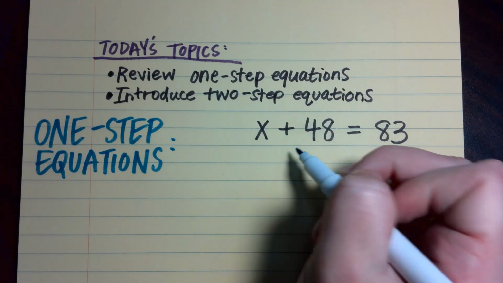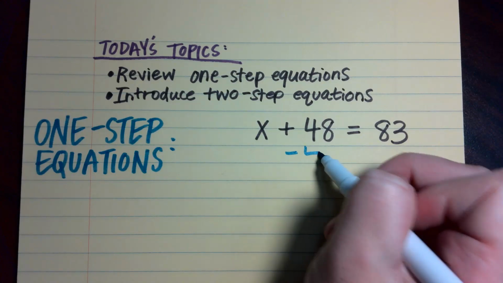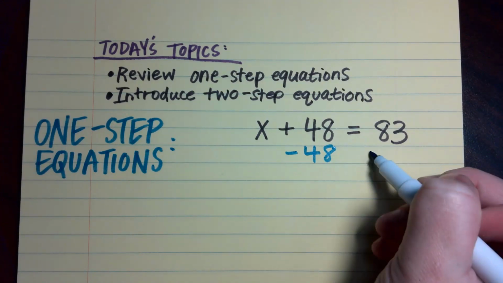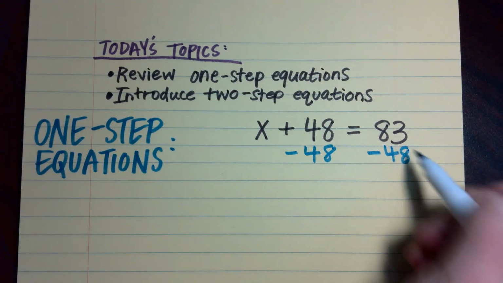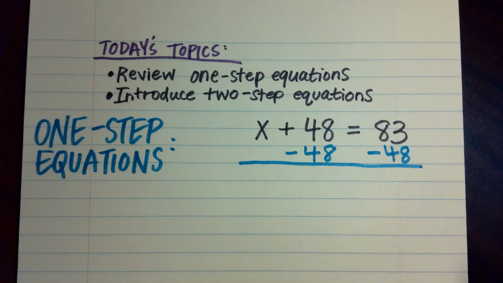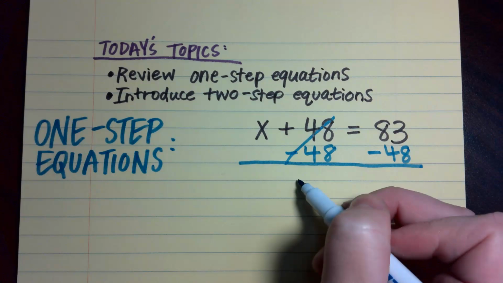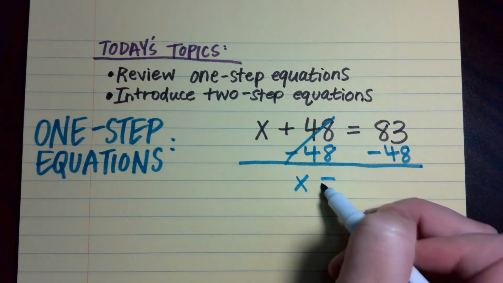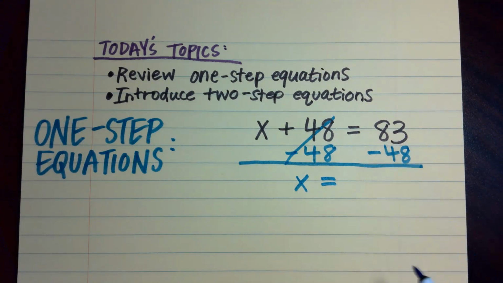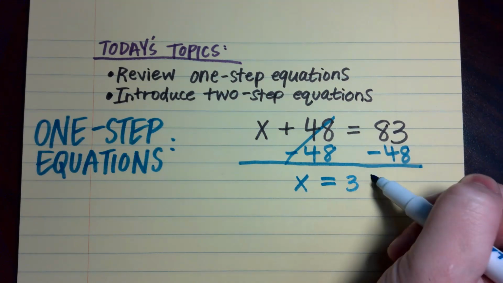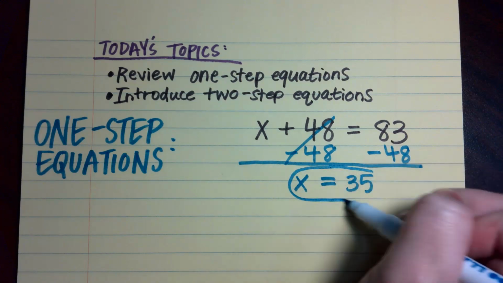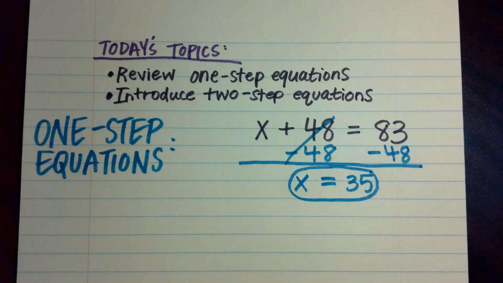Absolutely. We're going to take 48 away. We're going to subtract 48 from both sides. My 48s cancel out. And then we have x equals, what's that? 83 minus 48. 35. Perfect.